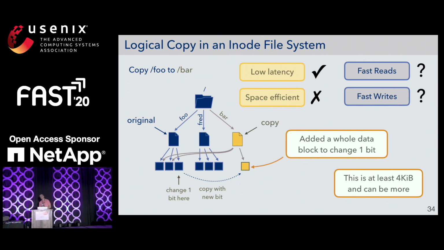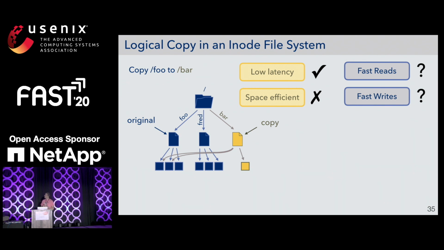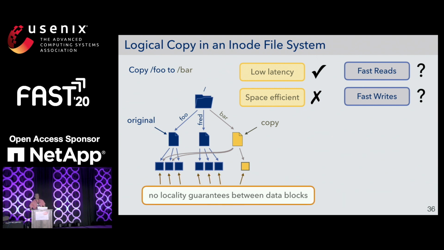Okay, so let's look at the fast reads and fast writes. In general, most file systems offer no strong locality guarantees between data blocks. Now, file systems do use some sorts of heuristics in order to keep data co-located on disk.